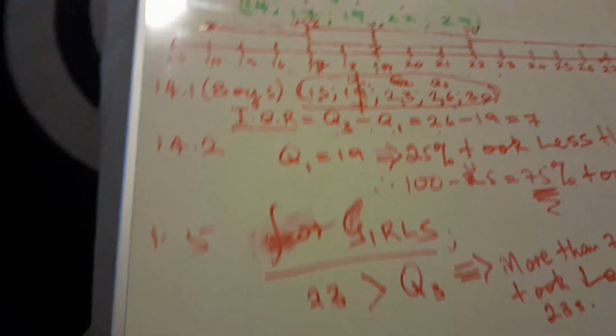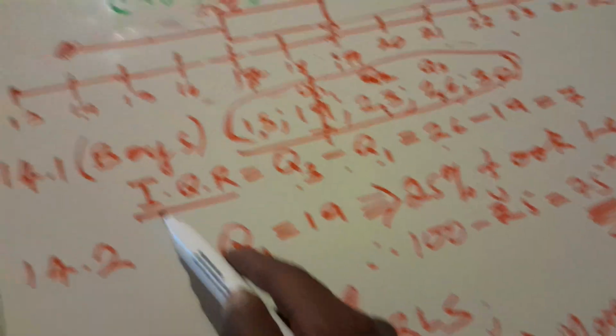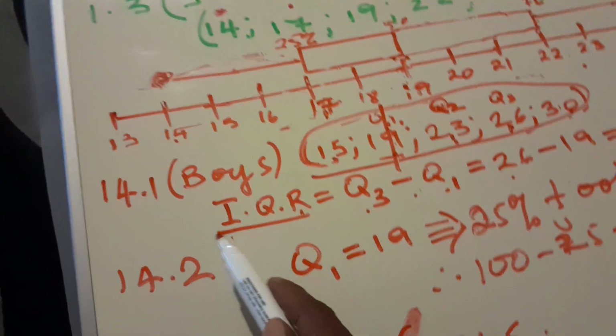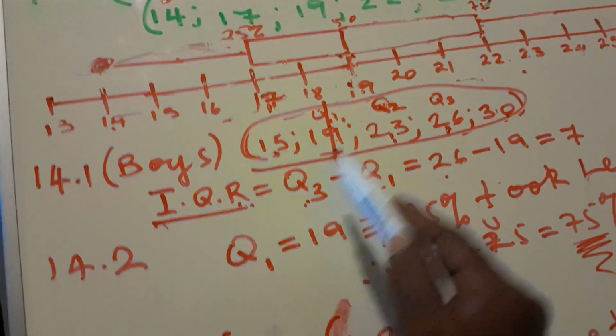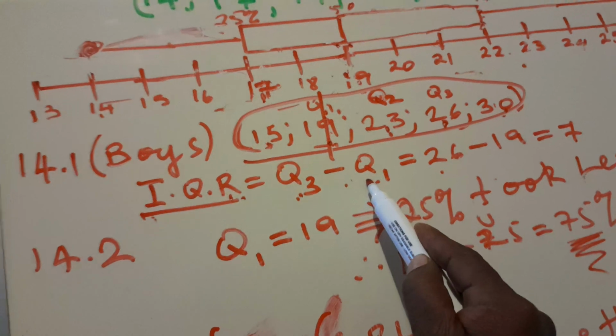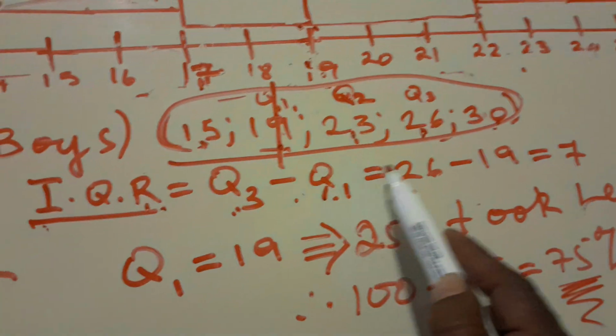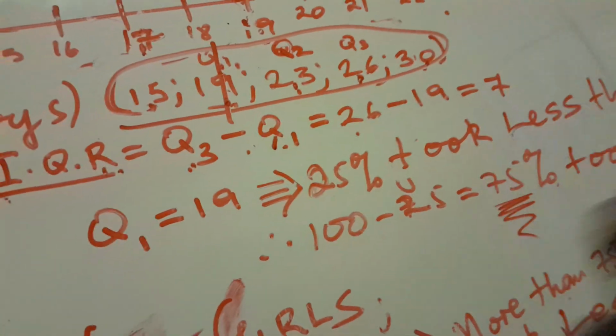And from those numbers, you can calculate your IQR. What is the IQR? That's the difference between the upper quartile and the lower quartile. In this case, it's going to be 26 minus 19, 7.